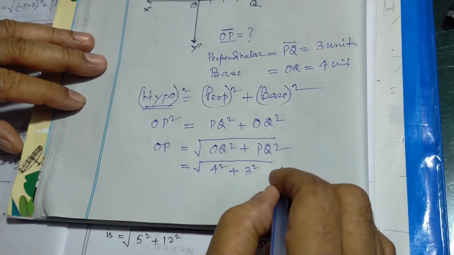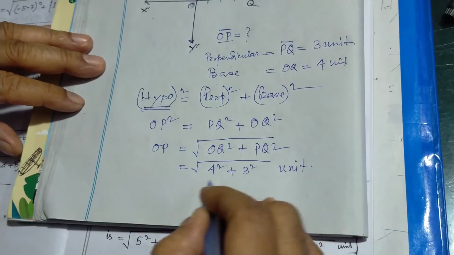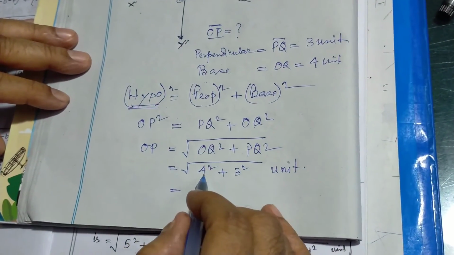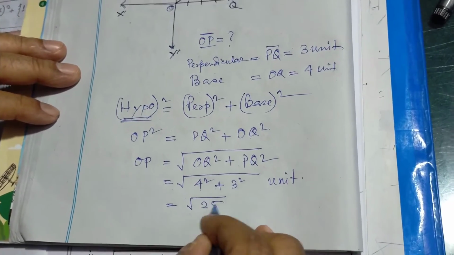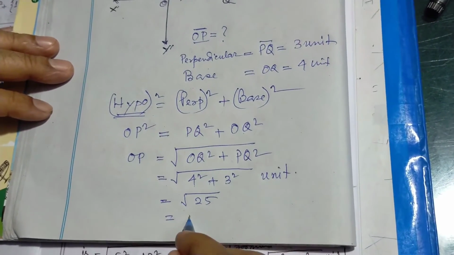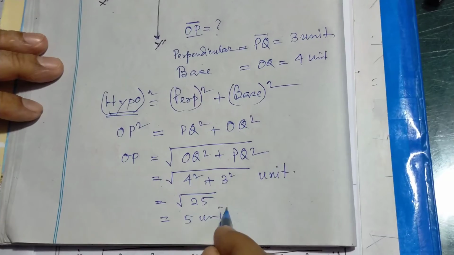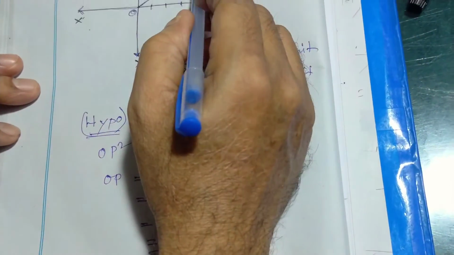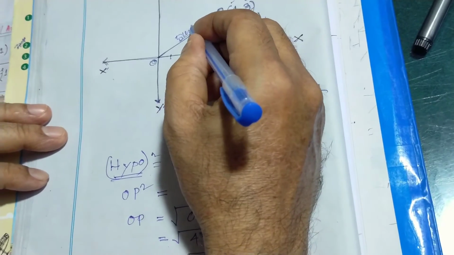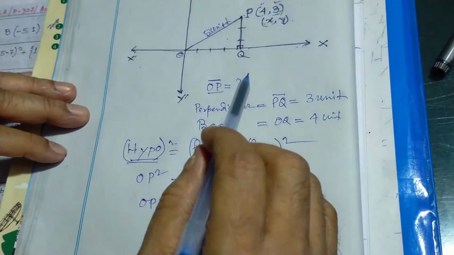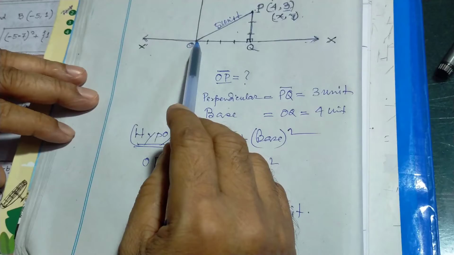When you put the value, we have to write here unit. And most probably you know 4 square plus 3 square means total 25, root over 25, and it came as 5 unit. So this is the distance of the point P from the origin. What is the distance? 5 unit. This is the method of determine the distance of a point from the origin.